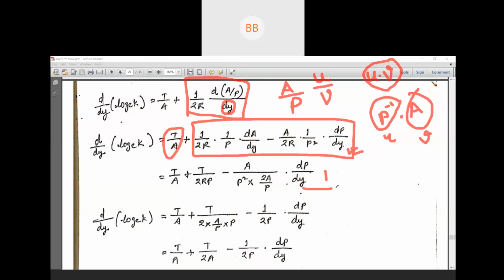Okay, see, this is the expression. This is 1 by twice R. We need to differentiate A by P with respect to y. So we will keep that constant, twice R bracket.